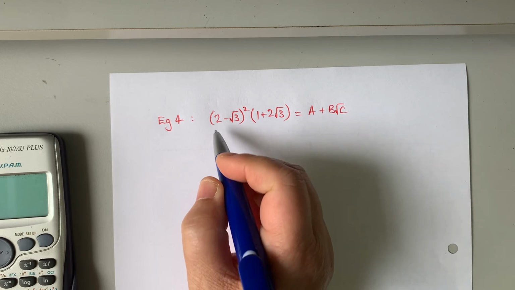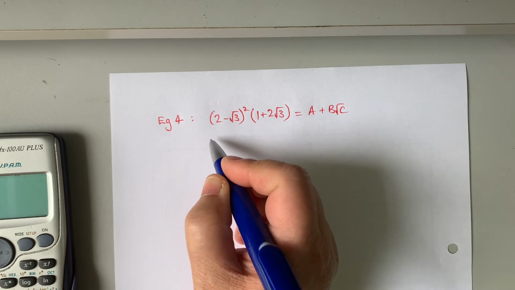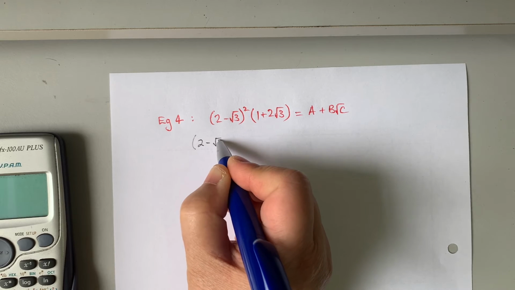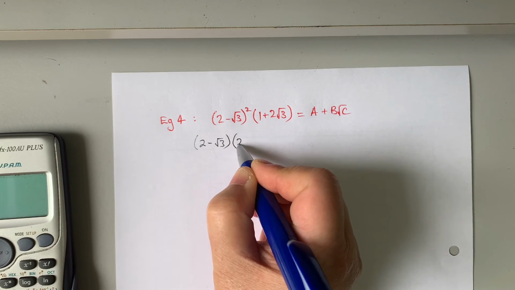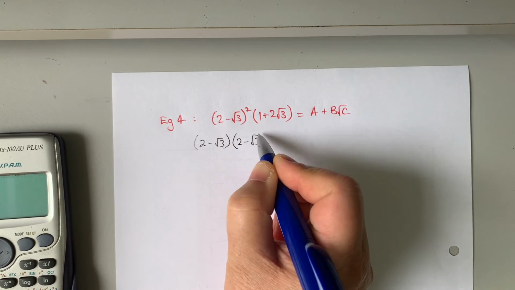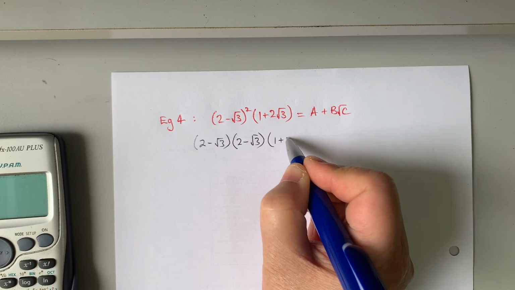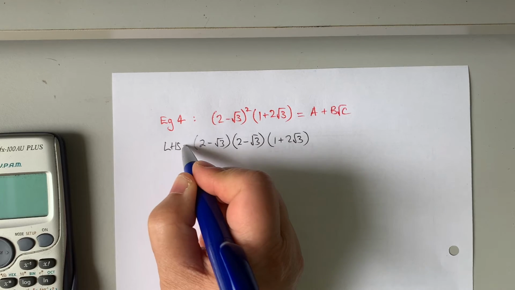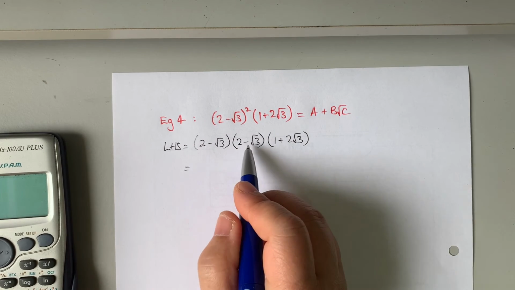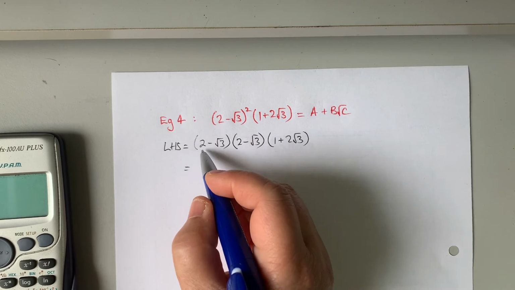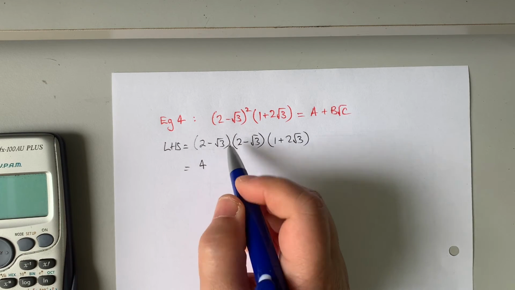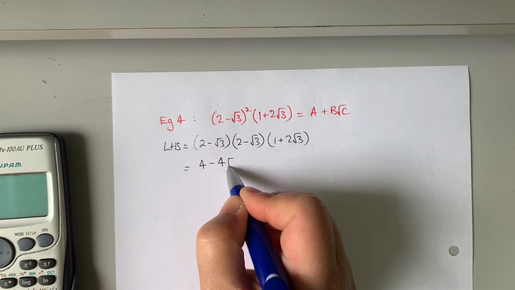That will expand to 4. Okay, let me just write it out. So left-hand side equals, so let's expand this out. 2 2s are 4, so 4 minus 2 root 3 minus another 2 root 3, so minus 4 root 3.